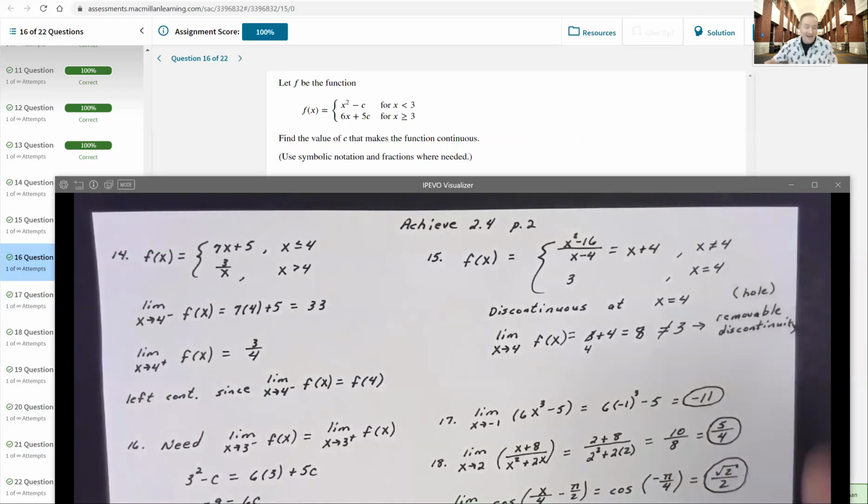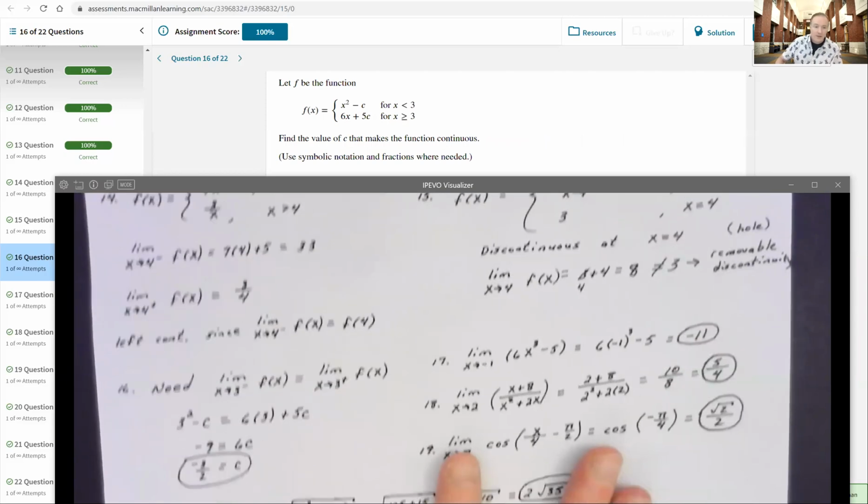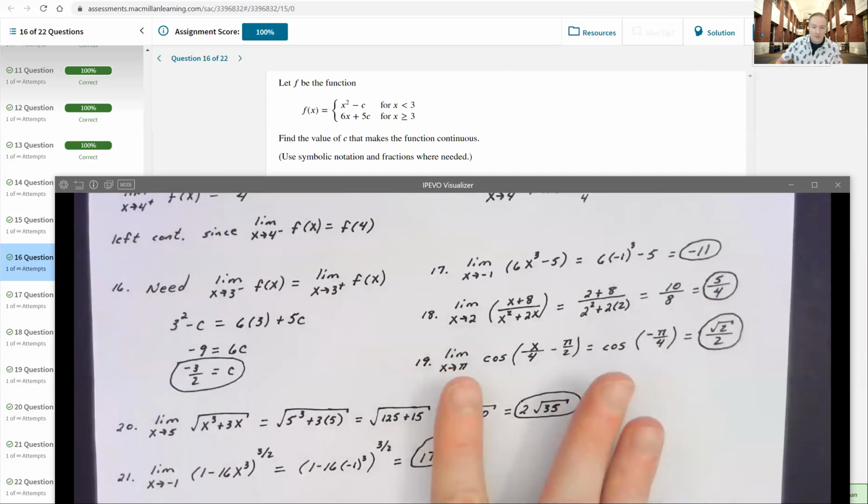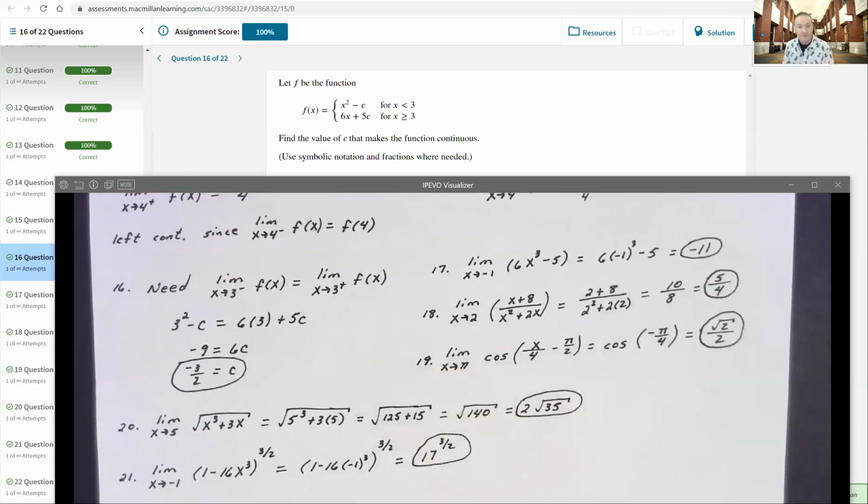Now, that's the idea of this next question. It's giving you an arbitrary piecewise function in terms of x and c, and it's saying it's the quadratic x squared minus c for any value of x less than 3, and it's the linear function 6x plus 5c for any value of x greater than or equal to c.